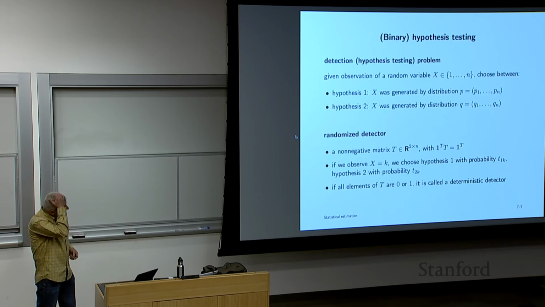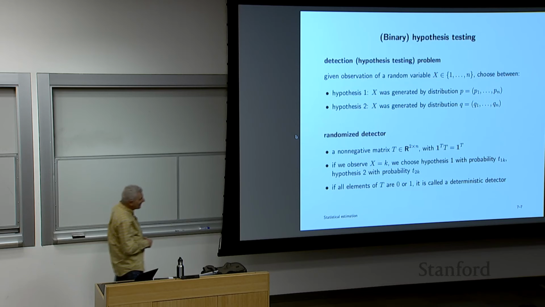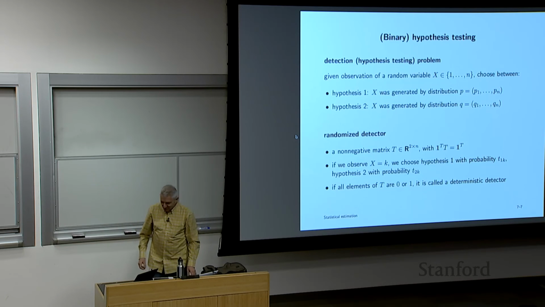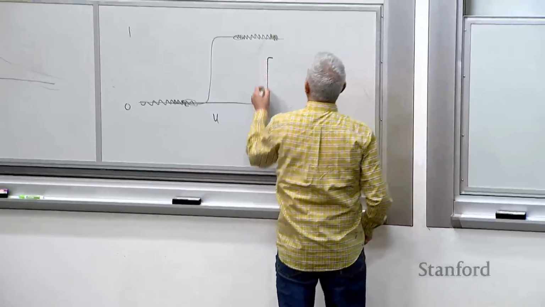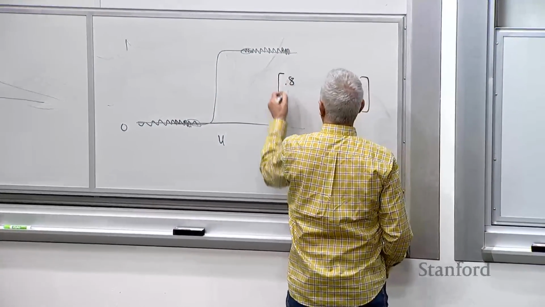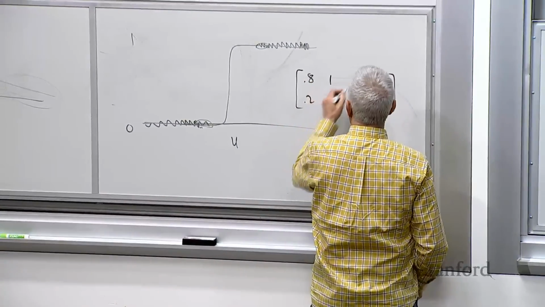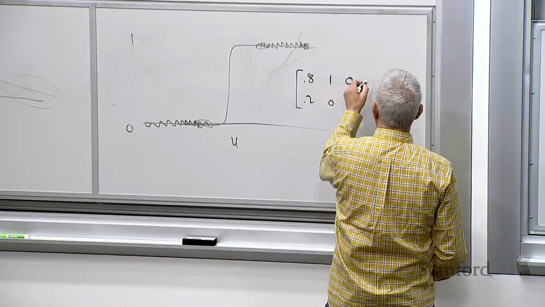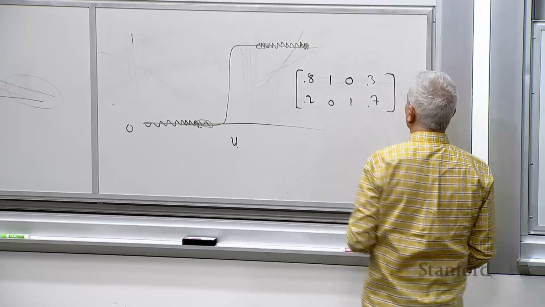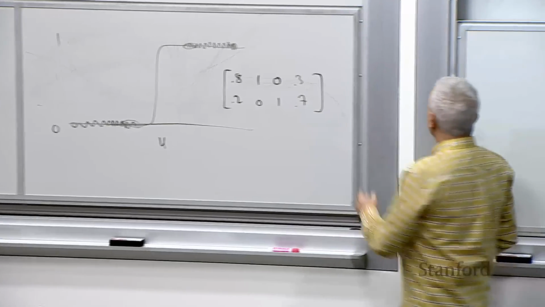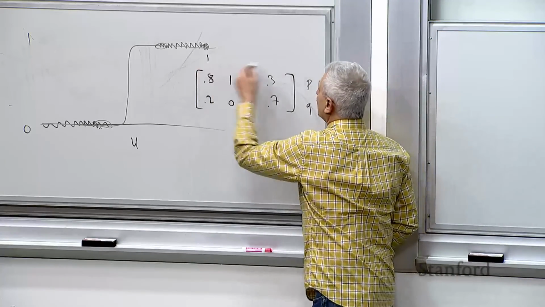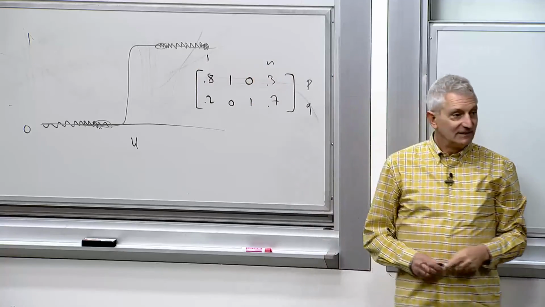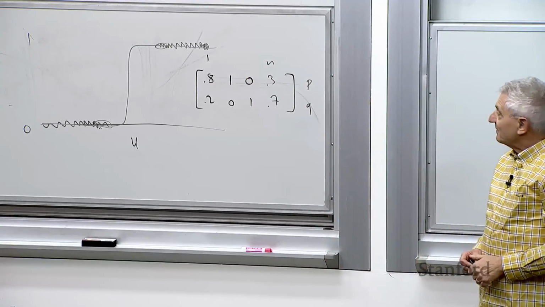What we're going to look at is a randomized detector, which is like a 2 by n matrix. It's a very weird thing. It looks like 0.8, 0.2, 1, 0, 0, 1, and 0.3, 0.7. Let's say this is P and Q, and this is the outcome: this is 1, and that's n. This is my detector.